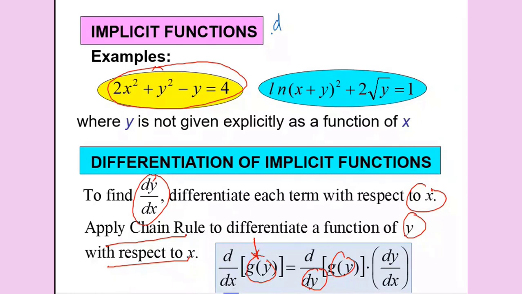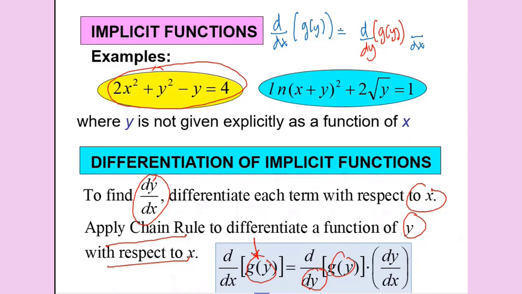We need to differentiate something that consists of the y variable, but with respect to x. So you need to change it to y so that you can differentiate it. But because this is dx, there is still dx.